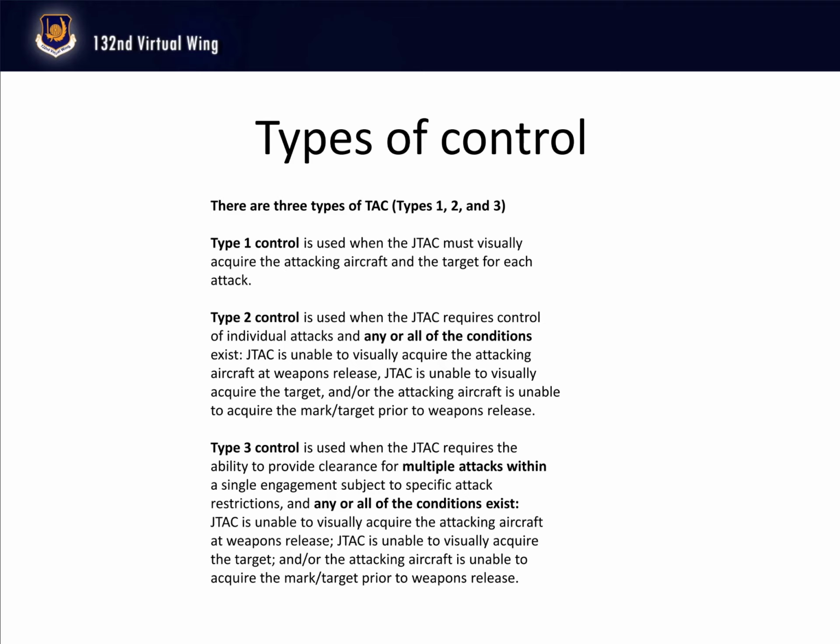For example, your final attack heading is 270 plus or minus 20 degrees, which means your weapon release must be in this direction. So when you call me, you say you're in hot and you say your heading. So even if I don't see you, but you give the correct heading, the real heading that you're at, I can assume that even if you miss the target, at least you will not hit friendlies.